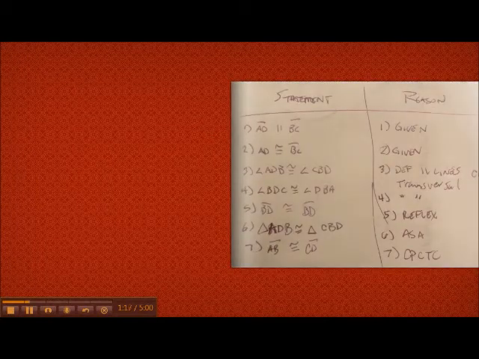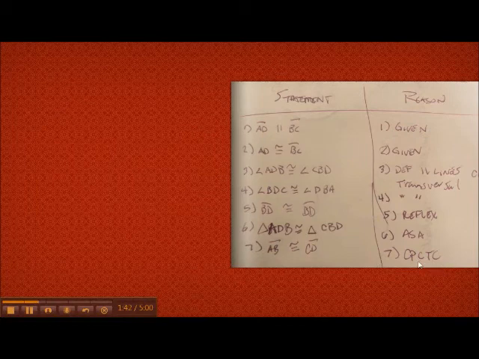Now if this is true, then what they wanted us to prove, AB is congruent to CD, also has to be true. Because once you've proven the two triangles are congruent, then other parts of those triangles have to be congruent as well, even though we had nothing telling us that those measures were in fact congruent. So looking at your picture, you can just see that AB has to be congruent to CD. Those are the ones that match up.